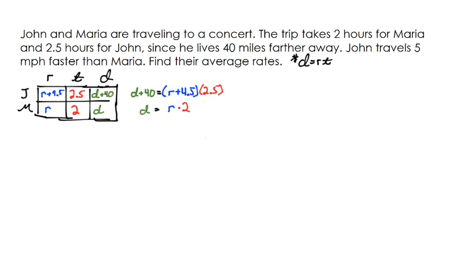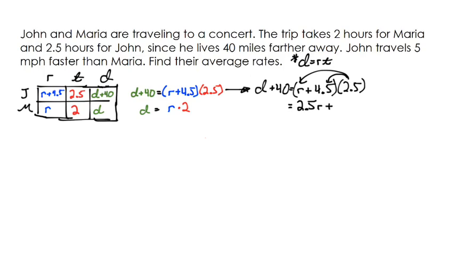I'm going to take this first equation, come over here to the right, and simplify it a little bit with a little bit of algebra. D plus 40 equals R plus 4.5 times 2.5. I'm going to start off by distributing that 2.5 in, so we have 2.5R plus 2.5 times 4.5, which is 11.25, and that's equal to D plus 40.